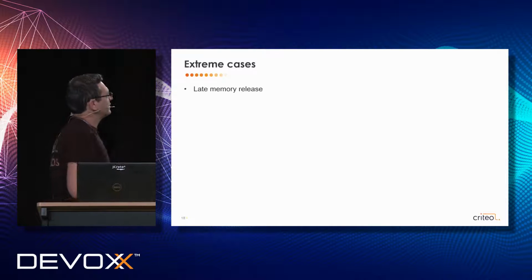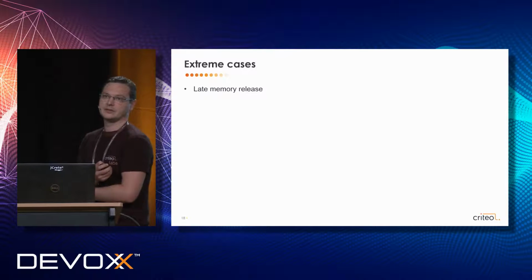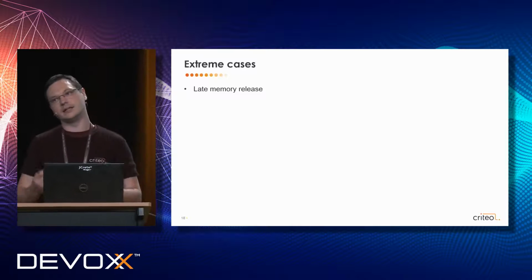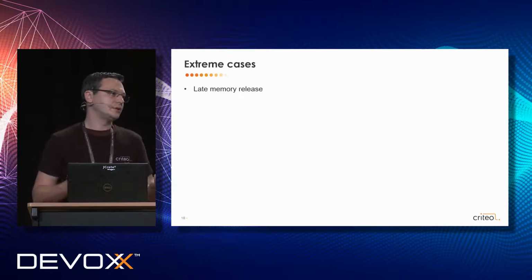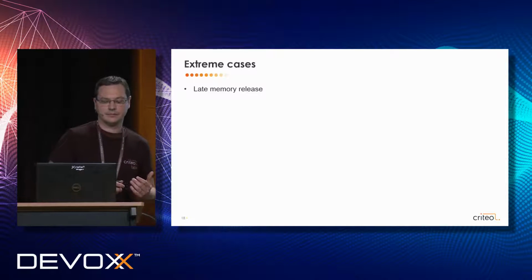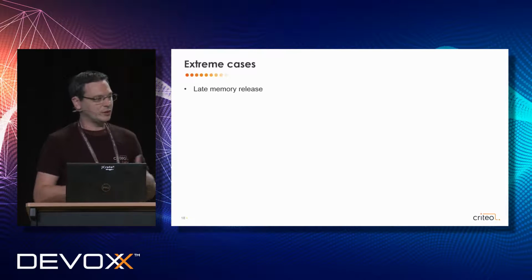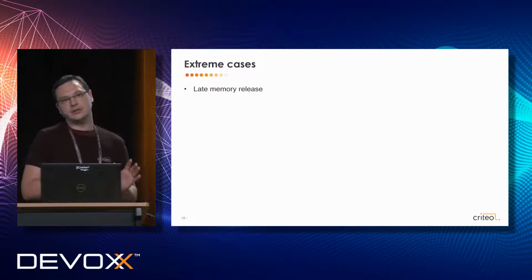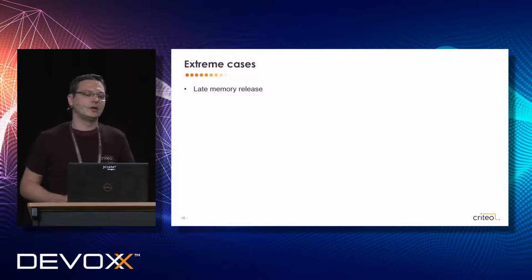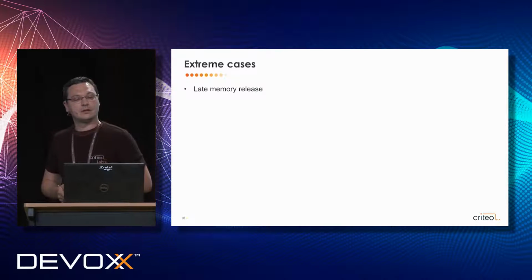In extreme cases, with the Shenandoah algorithm, we have a late memory release. It means that the regions that we will release will be freed at the end of the cycle. So if a region is full of garbage, it will be released earlier, but for the others, if you have objects that need to be evacuated, you need to wait for the evacuation and then all the reference updates for all the objects pointing to those objects that were moved.